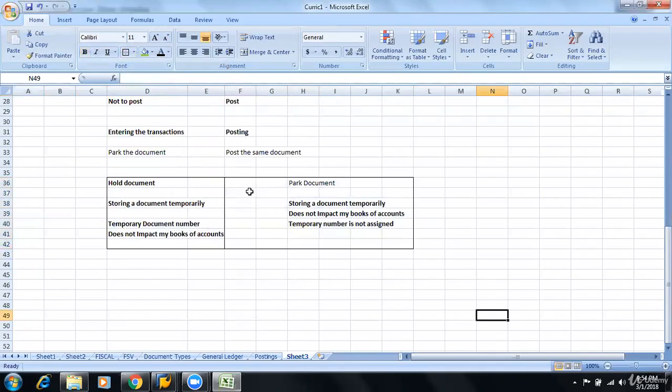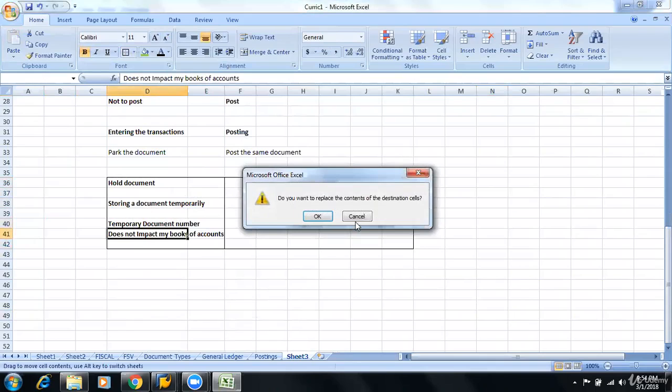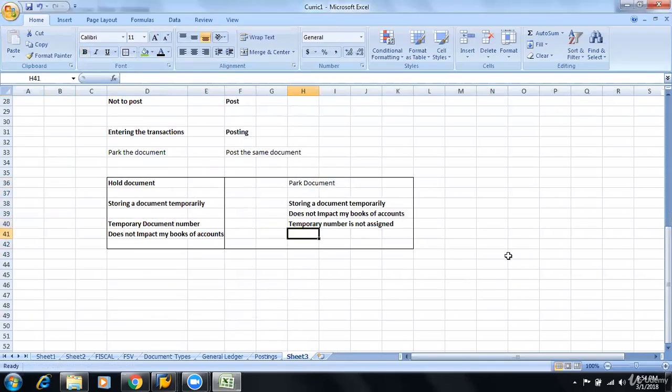Now, what's basically a whole document? These are the points, and park document, these are the points. Let's find some more things.